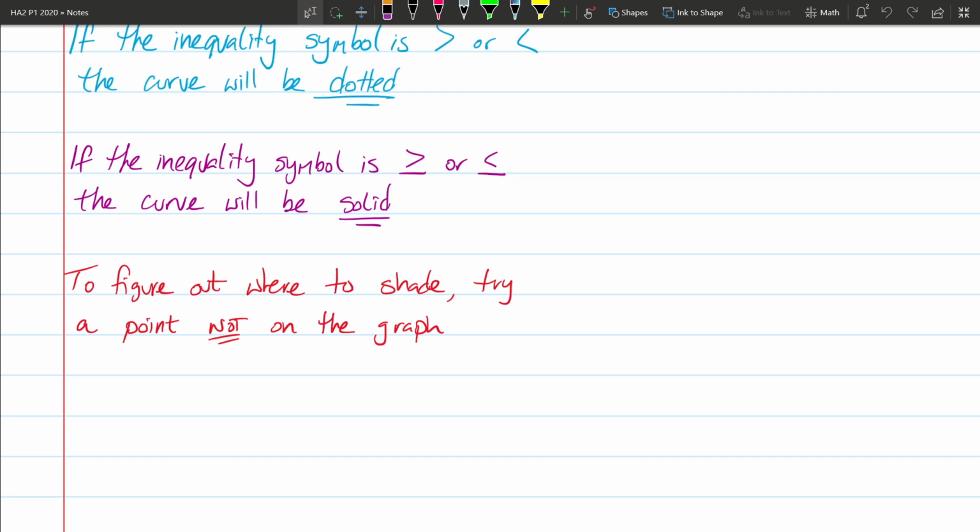All right, so let's see if I can sketch a graph and have it not be totally hideous. So let's do an example. We're going to graph y is greater than negative x squared minus x plus 6.